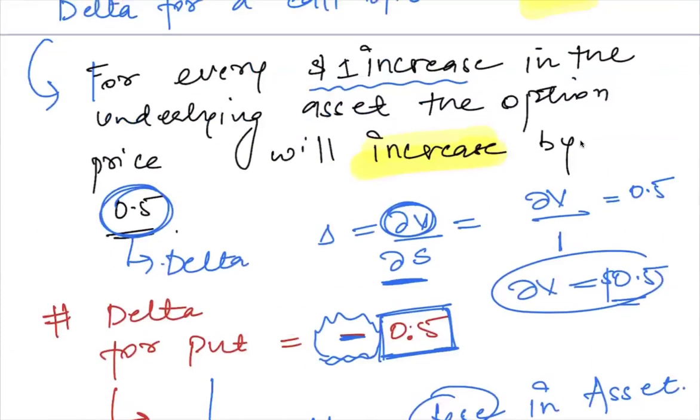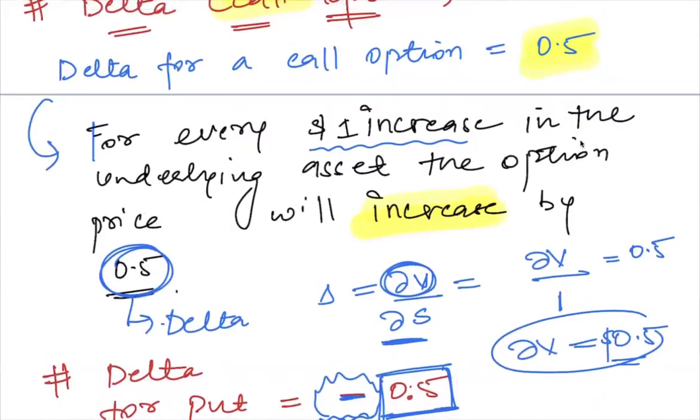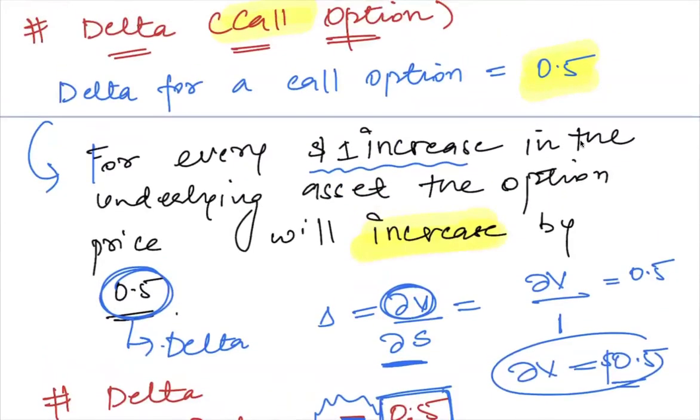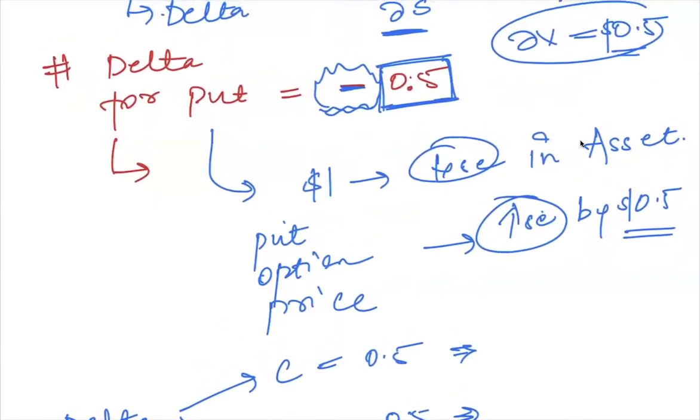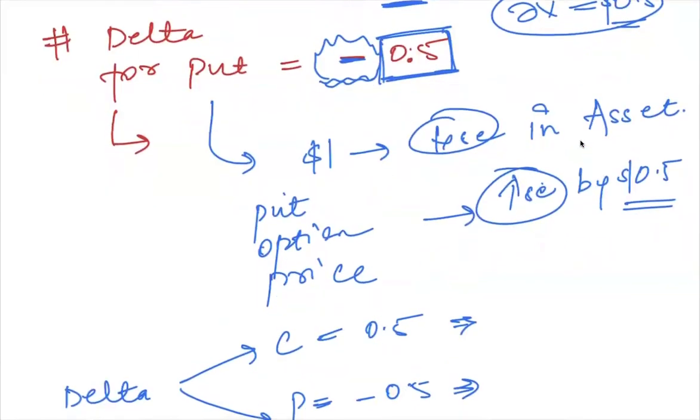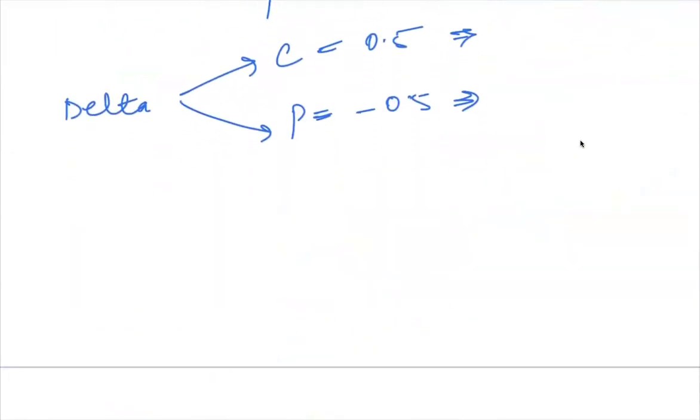Just to revisit the concept again: when the delta for a call option is 0.5, for every $1 increase in your underlying asset, the option price will also increase by 0.5. And similarly, for every $1 decrease in your underlying asset, the put option price will increase by 0.5. So this is what it means by a call delta of 0.5 and a put delta of negative 0.5. Is this concept clear to everyone?